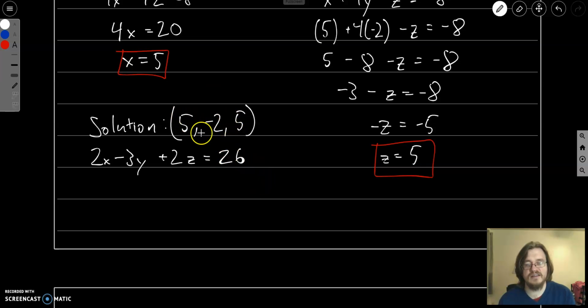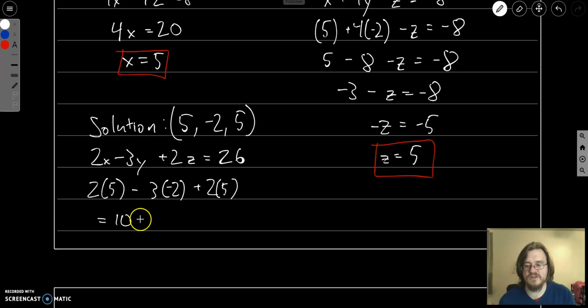We'll take 2 times 5 minus 3 times negative 2 plus 2 times 5. If I simplify this, 2 times 5 is 10. Negative 3 times negative 2 should be positive 6. 2 times 5 is 10. And we get 26. And they match.